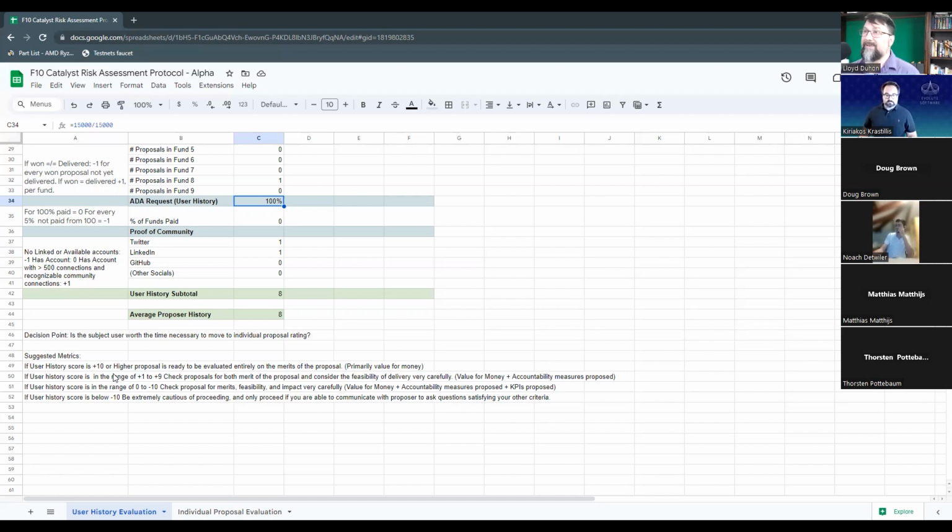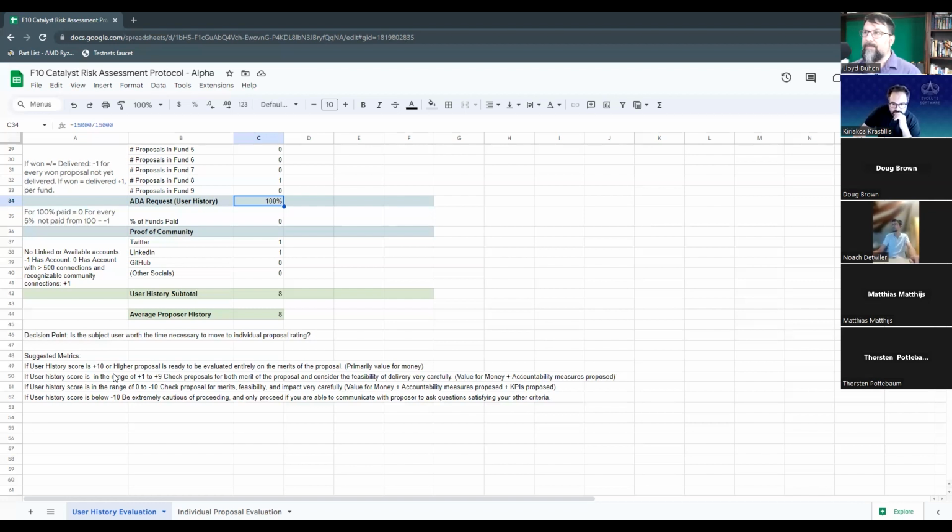Then the next one is, is there accountability? Can I actually tell from what this person put out that they're going to give something useful, and measure that they did what they said they were going to do? And then the other one is, how are they measuring their own success? How are they checking to make sure that whatever they did was important?